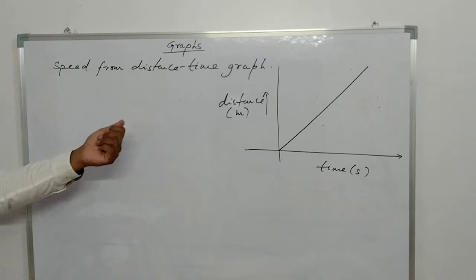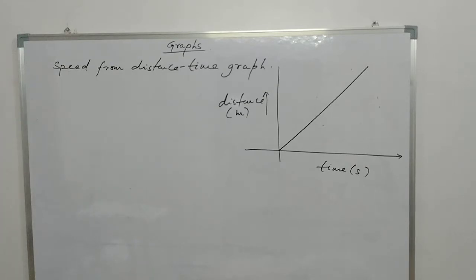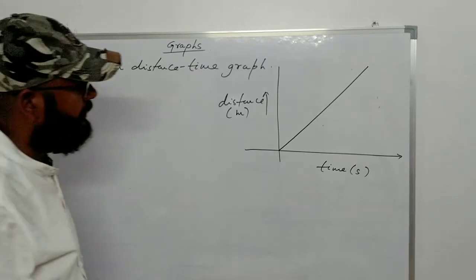So consider a small portion AB on this graph.